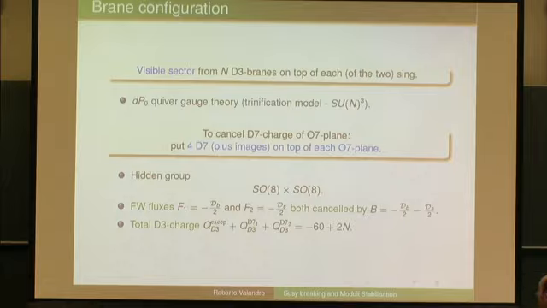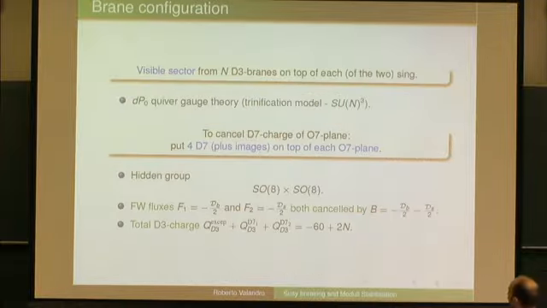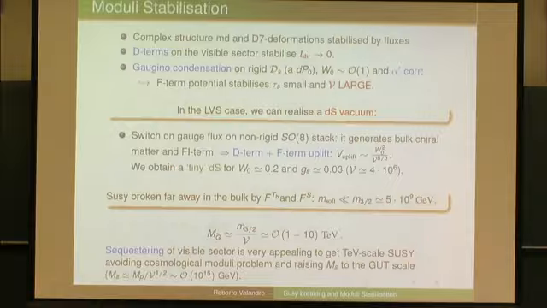You can study the hidden group that has these two sectors and see that one can have a gaugino condensation on one of these groups, and stabilize the moduli order by order in 1 over the volume, and see that one gets a large volume minimum.